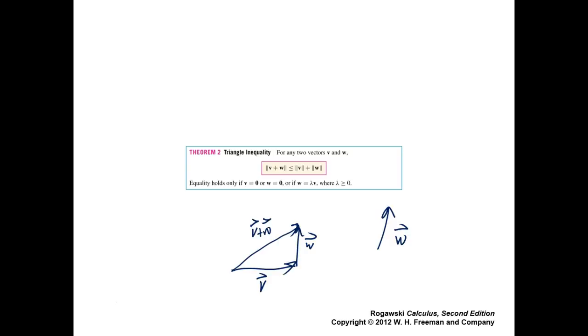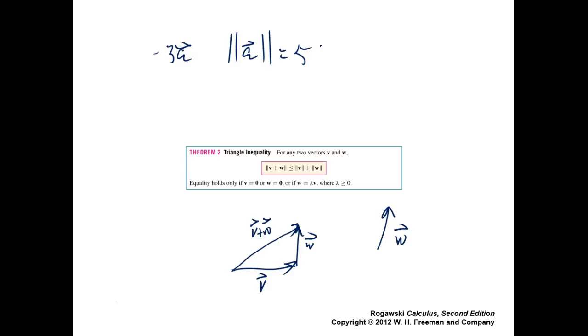Okay, let's try it. What is the length of negative 3a if the magnitude of a is 5?